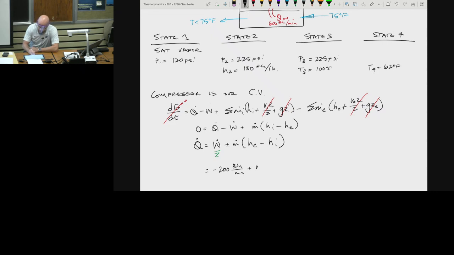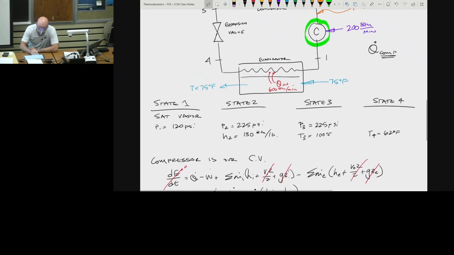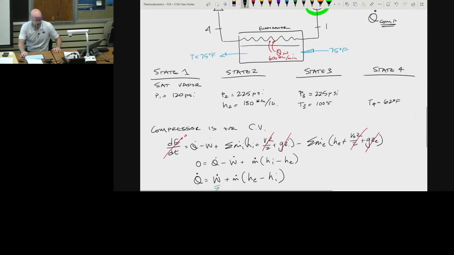I do not know my mass flow rate. That's a problem. But I do know the enthalpy exiting. They gave it to me. It's at state 2, and it's equal to 130.0 BTUs per pound. And my enthalpy entering, which is state 1 up here, state 1 is a saturated vapor at 120 psi. And I know that I can go to my tables and find that value.